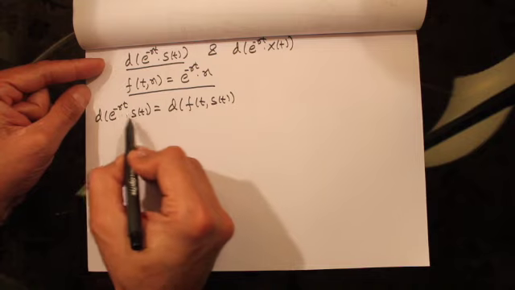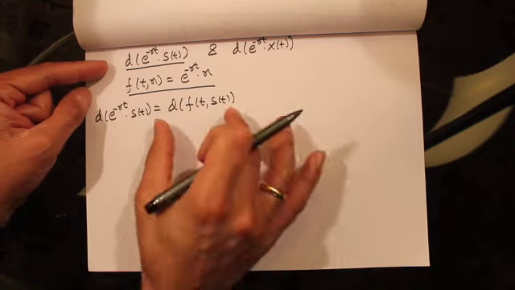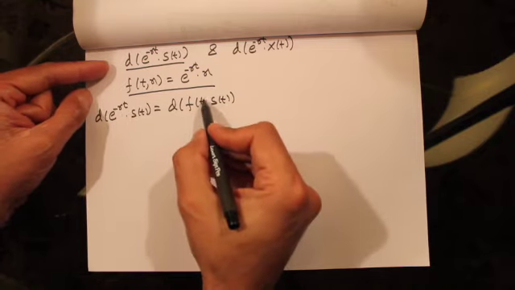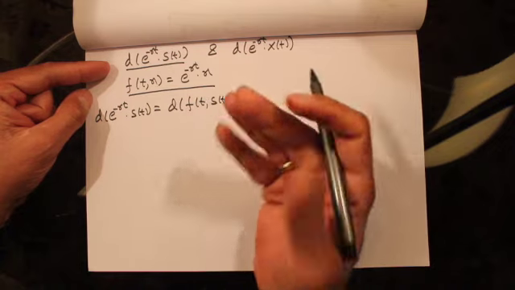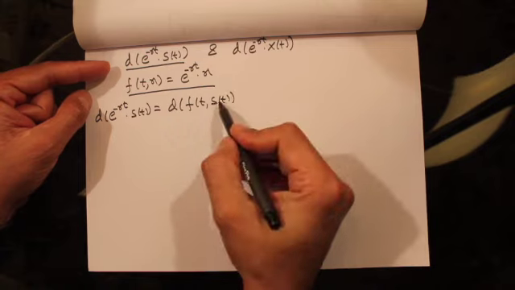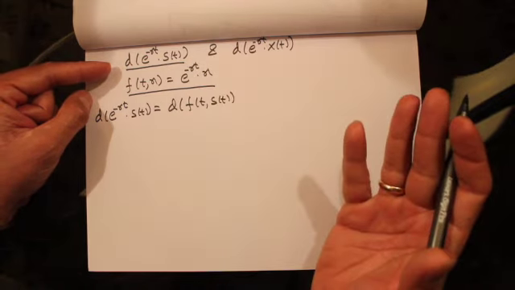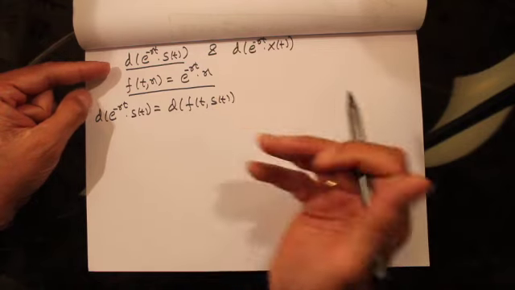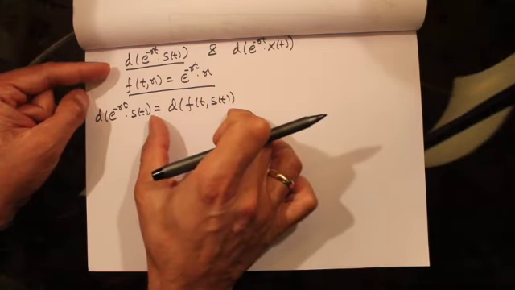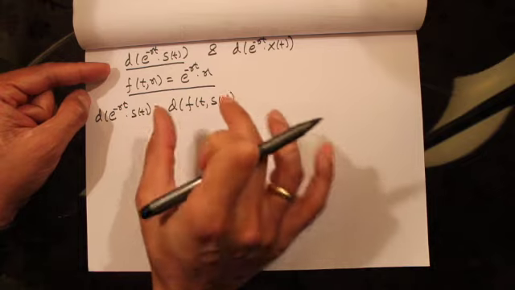Now we have a function of two arguments, t and S(t). T is time, and it has zero quadratic variation. S(t) is modeled using geometric Brownian motion, and it has a non-zero quadratic variation. So we can find this differential using Ito's lemma.